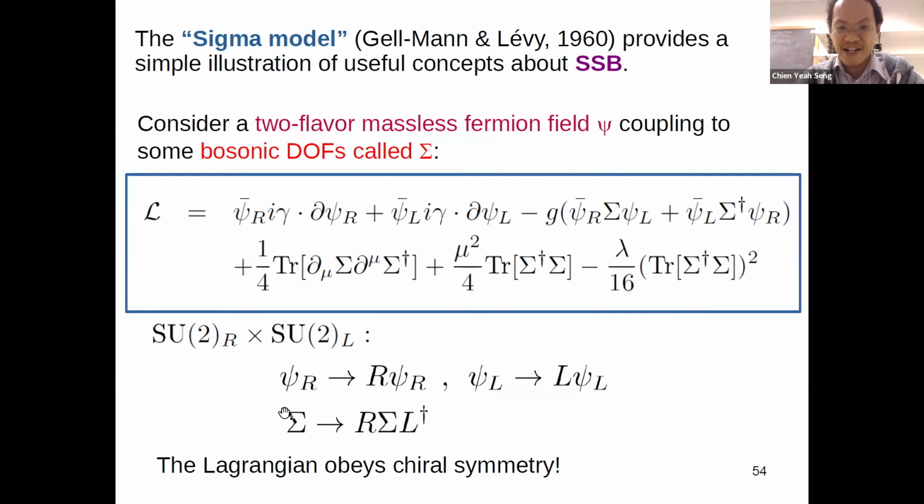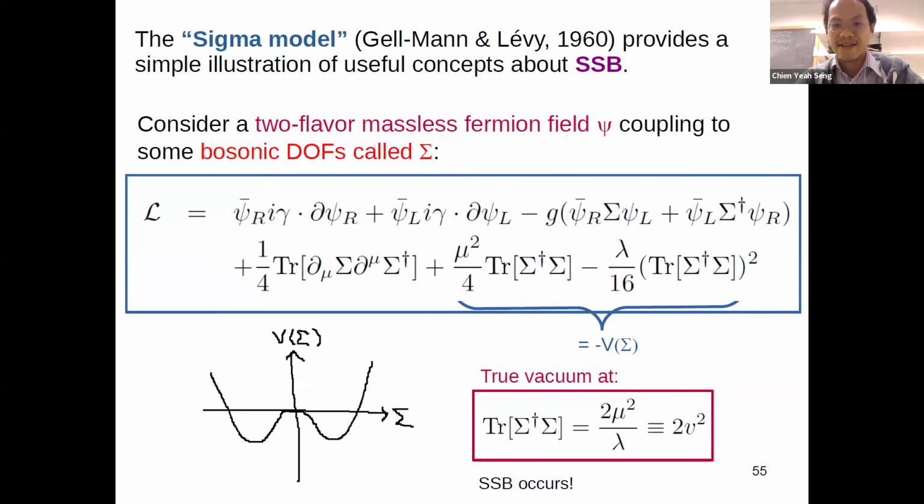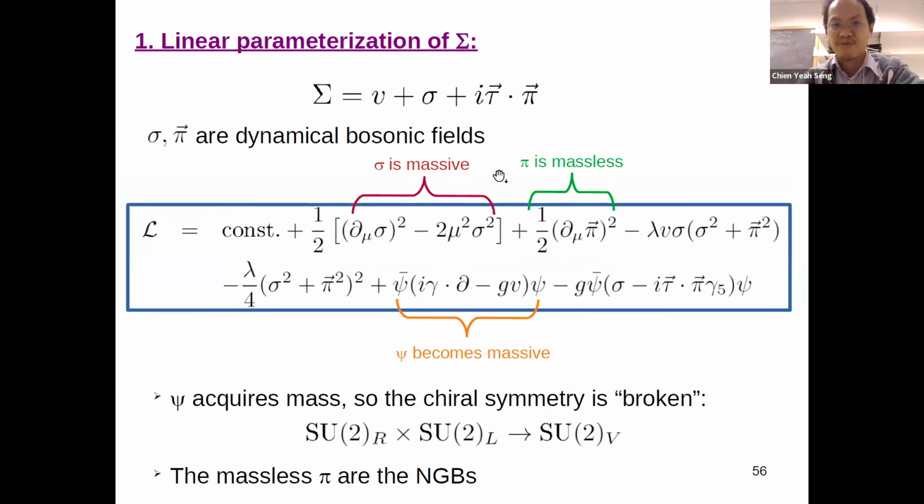Because in the original Lagrangian, the big sigma transforms in a simple way, R times sigma times L dagger. So it's very explicit that the chiral symmetry is preserved. On the other hand, when you reparameterize the big sigma into small sigma and pi, there is a non-trivial transformation of the small sigma and pi under the chiral rotation. But that transformation rule is so complicated that it's not obvious that this Lagrangian in terms of small sigma and pi is chirally symmetric.